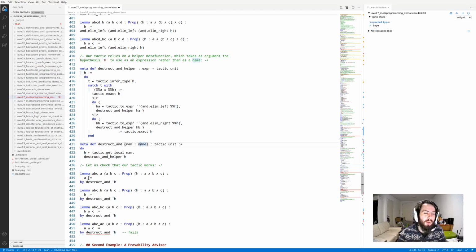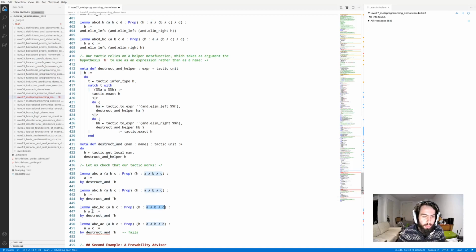If you call tactics within a begin and end block, then they do this conversion for you in some magic way that we're not going to go into here. But if we use just normal tactic, then we have to remember that a name needs to be written with a backtick.